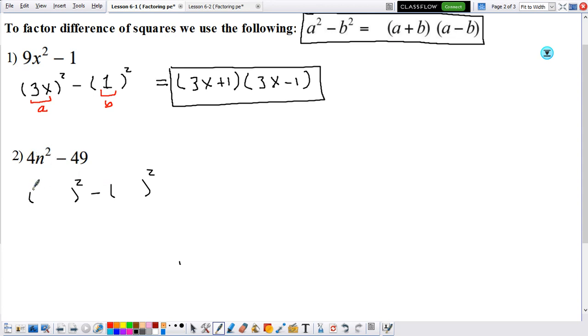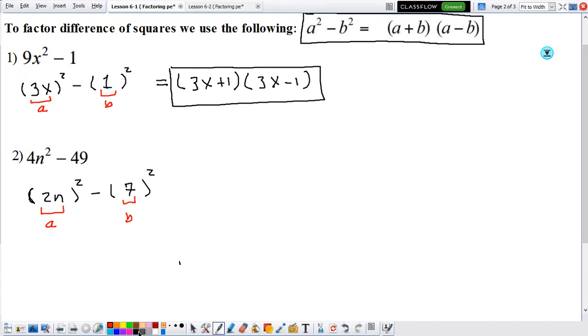For the first term, I can rewrite it as 2n to the second exponent. To double check, 2 to the second is 4, and n to the second is n squared. Now 49, I can rewrite that as 7 to the second exponent. Now that we have it in this form, identify what a is, which in this case is 2n, and your b is 7.